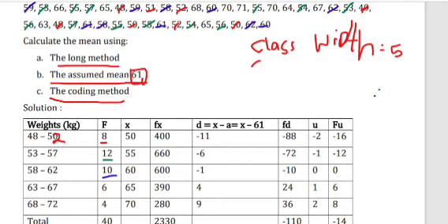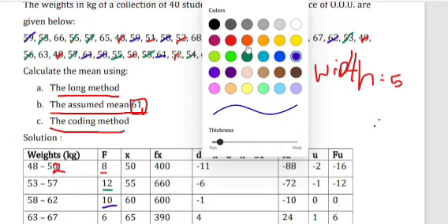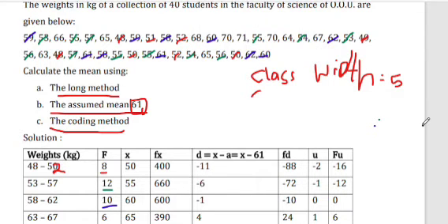Now we'll go to 63 to 67. So 66 is inside. You can just cancel out while you are counting. Let me change the color to black. So 66 is inside 63 to 67.